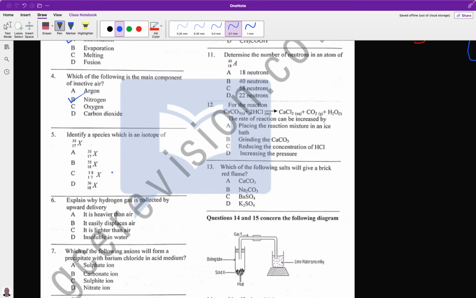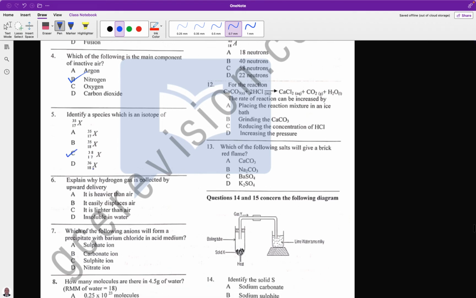So we need to look for a species with the same proton number. It cannot be A, because A is the same as the one given. It cannot be B or D, because they have different proton numbers. It can only be C, because it has the same proton number. So number 5 is C.